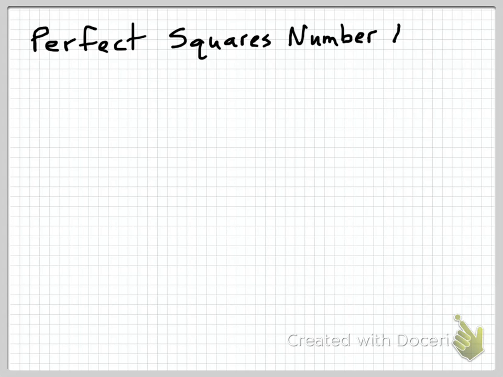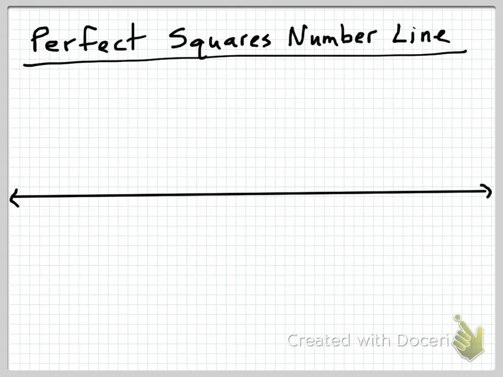Now, you need to put this on your paper. You're going to need to make it pretty large. This is going to be our perfect squares number line. We're going to put all of our perfect squares onto a number line.